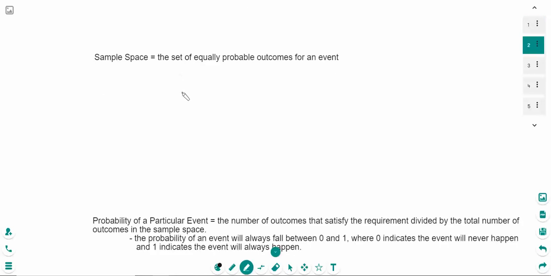All right, then we have the sample space. Now, the sample space is a very important definition. We'll be using that terminology quite often. The sample space are all the possible outcomes for a particular experiment. So let's say the experiment is flipping a coin. Okay, what's the sample space for flipping a coin?